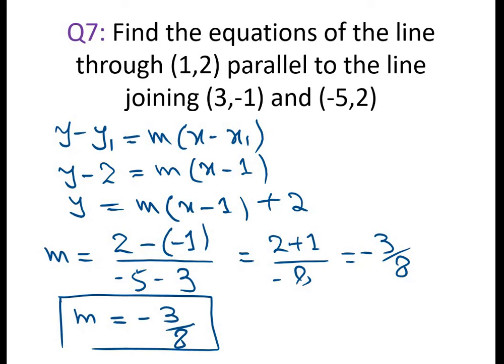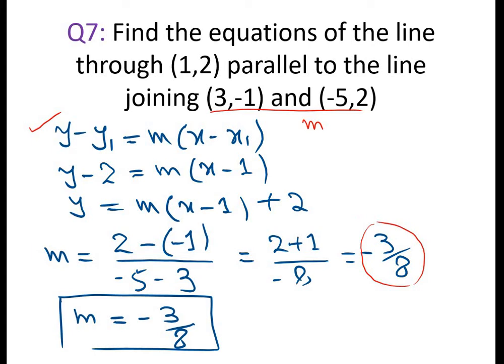Question 7 is find the equation of the line through the point and parallel to the line joining these two, which means this gradient that you find from this one would be the same as the gradient of the equation that is required. So we can find out the gradient by (y2 minus y1) over (x2 minus x1), and that gives us -3/8.